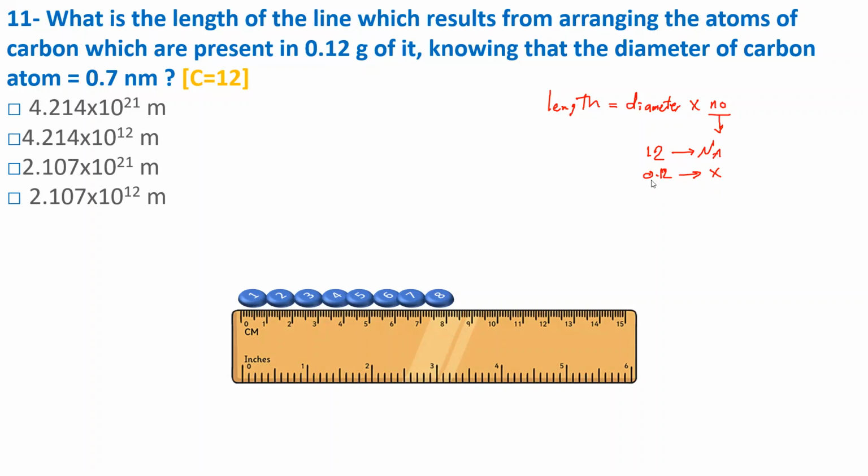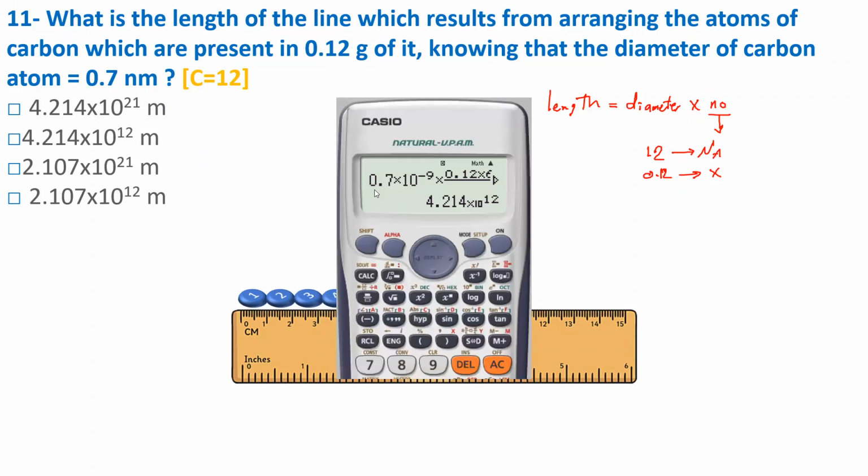So the number of atoms by cross multiplication gives me a number, and then times the diameter after changing it: 0.7 times 10 to the power -9 to transfer from nanometer to meter, and then cross multiplication. The result is 4.2 times 10 to the power 12. So the result is number B.